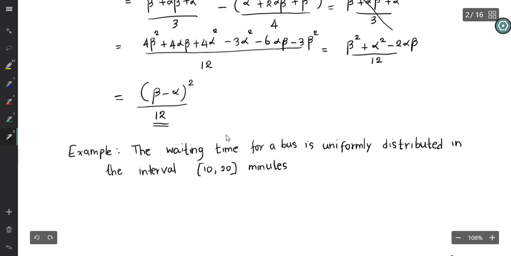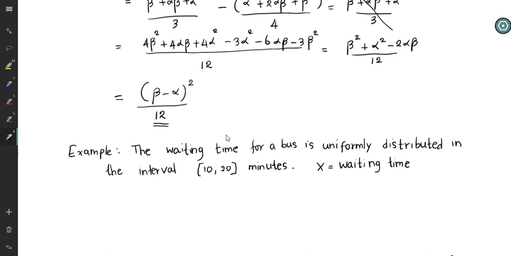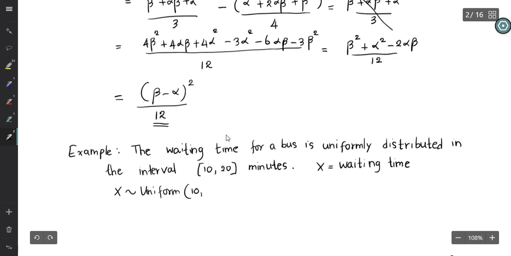So the waiting time is our random variable. Okay, x is the waiting time. According to the content, it is uniformly distributed in the interval 10 to 20 minutes. So you can write it as x follows uniform, or just U, within the interval 10 to 20.